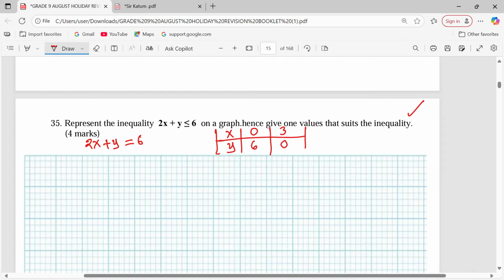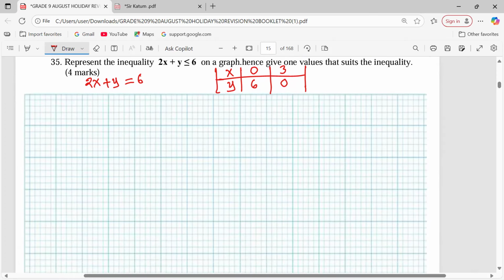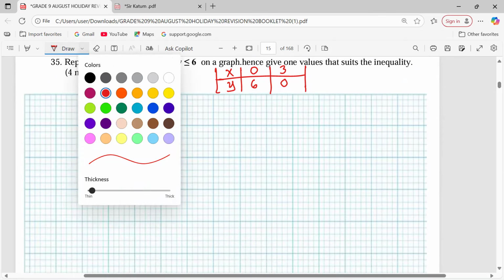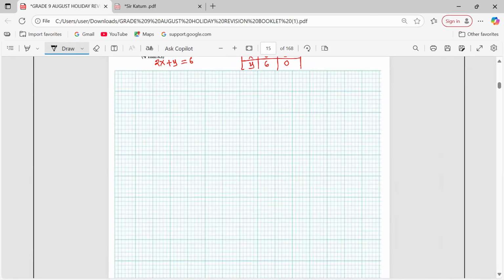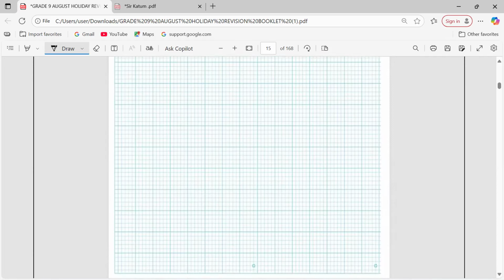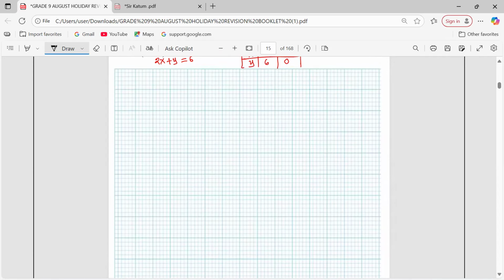Because we just substitute x as 0 and y becomes 6, and we substitute y as 0 and x becomes 3. These are enough coordinates to come up with a line. So I'm going to do the vertical axis, then the horizontal axis. Then we see how the inequality shall look.